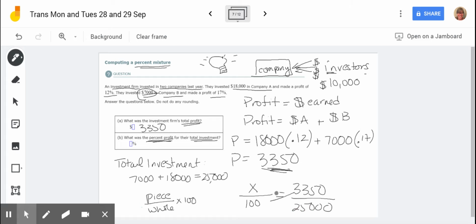So then you would cross multiply, and then you would end up getting 3350 times 100, which is 335,000, divided by 25,000. Oops, that's one too many zeros. Let's try that. Okay. You could even make this easier, cancel your 3 zeros, and it would just be 335 divided by 25. 335 divided by 25.